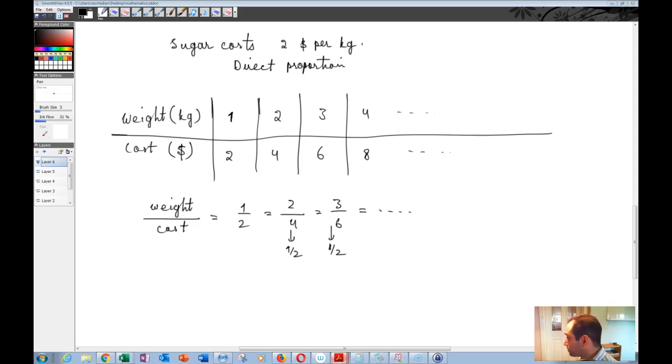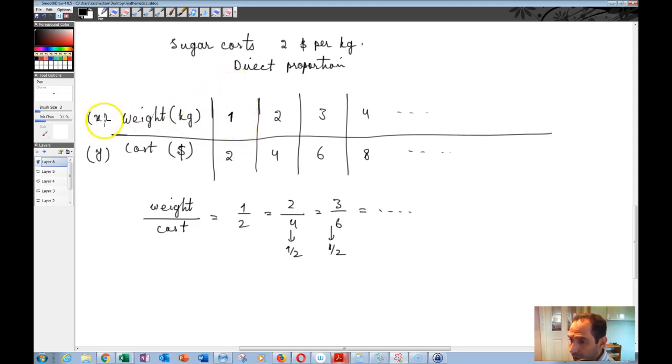Now, in order to have a better mathematical understanding of this concept of direct proportion, you can take one of these variables as, for example, x, and the other as y.